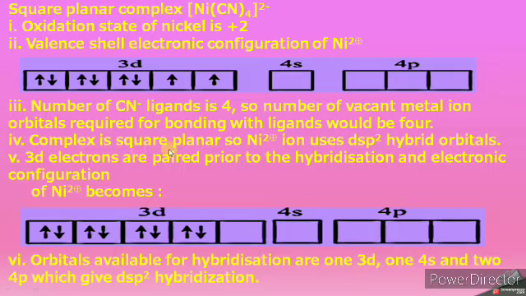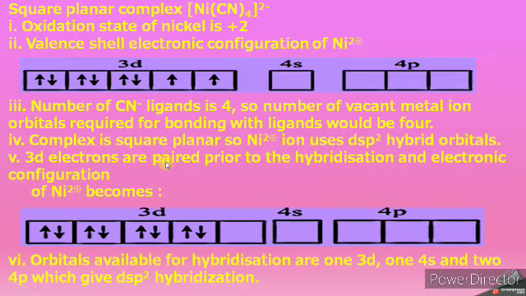We will discuss that limitation in our next video while discussing the crystal field theory. So as the complex is square planar, the Ni2 plus ion undergoes dsp2 hybridization, but its d orbital contains 2 unpaired electrons, so there must be spin pairing.